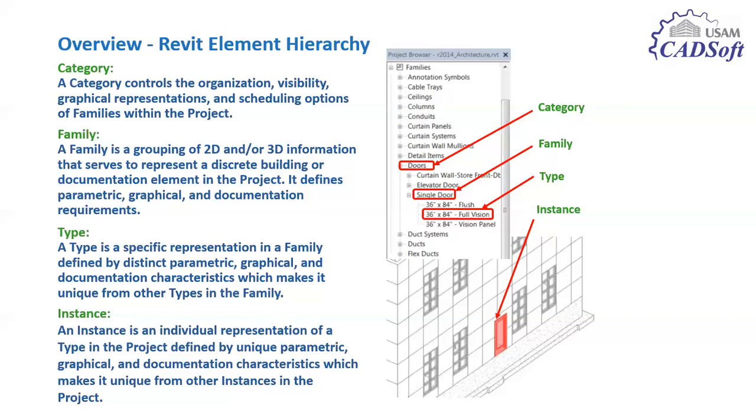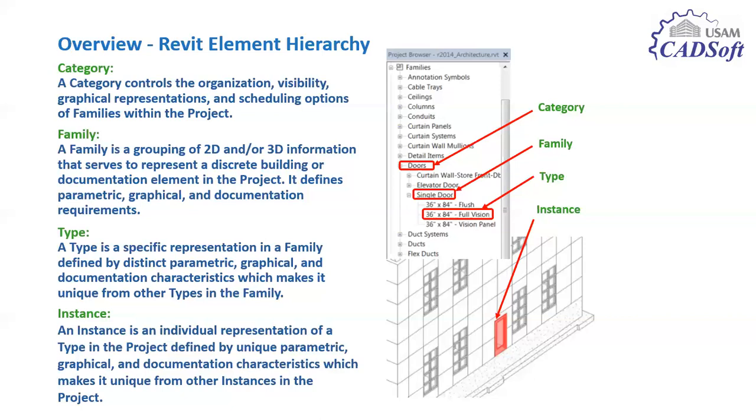Okay, and these blocks, or the family components, are put into certain categories. Categories are nothing but how you categorize the elements. Maybe you can say you have annotative elements, you have reference elements, you have model objects, where there are doors, windows, ceilings, stairs, railings, or all the components that are there.